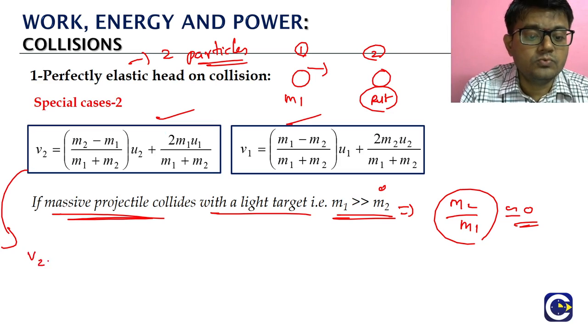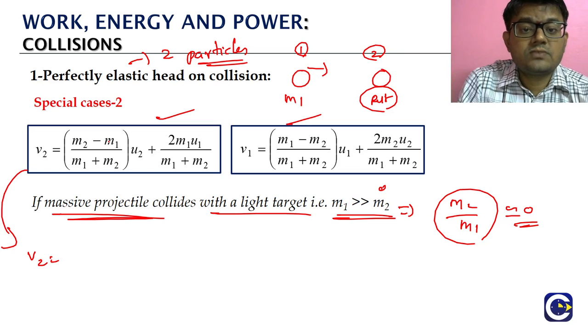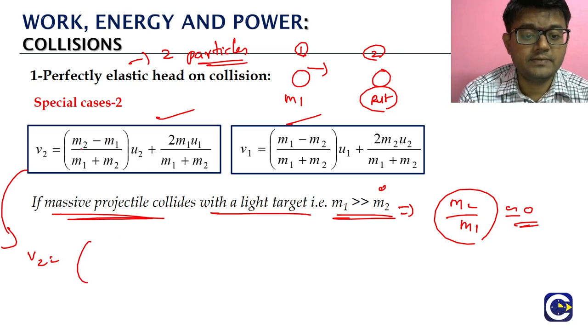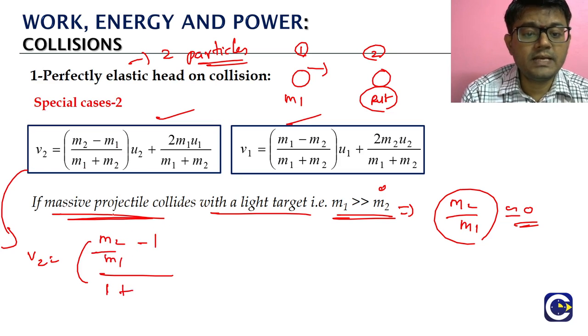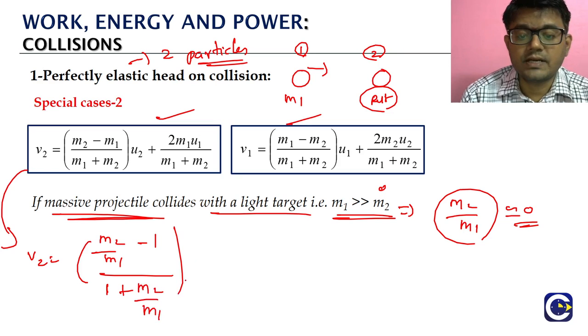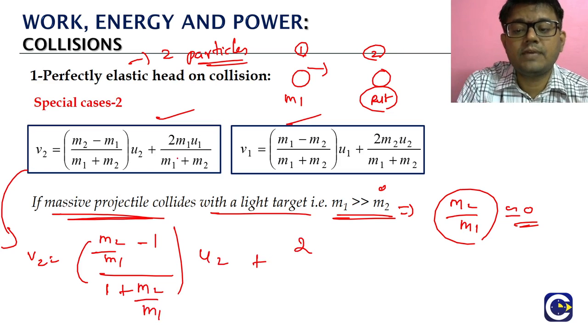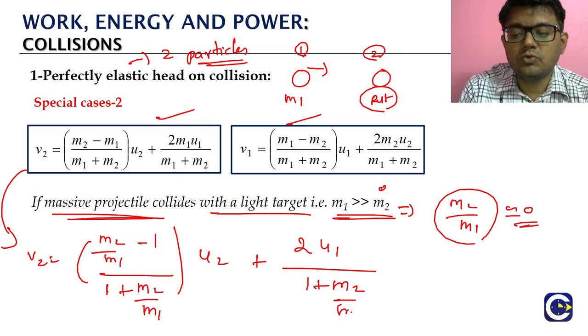First, in the velocity formula for V2, on the right side term, we will divide the numerator as well as the denominator by M1. What you are going to get is M2 by M1 minus 1, because M1 by M1 is 1, divided by 1 plus M2 by M1, into U2, plus 2 times the numerator M1 by M1, which is 1, divided by 1 plus M2 by M1.